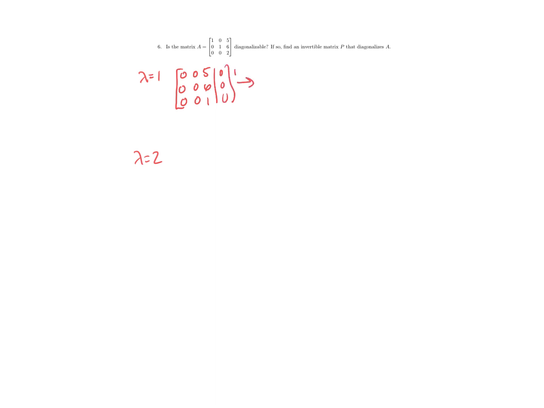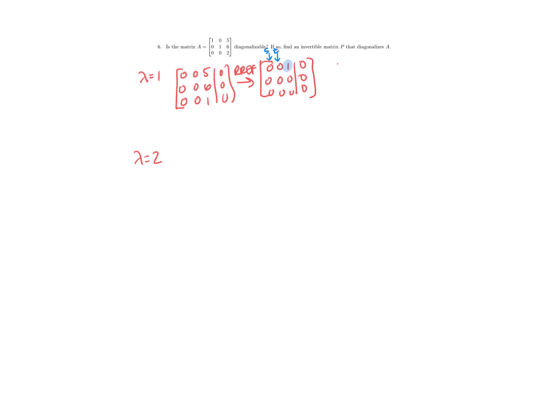And that row reduces to 0, 0, 1, 0. And so here is my leading 1, which means that these 2 columns are free variables.